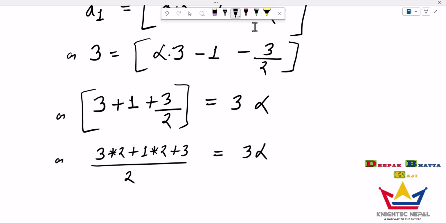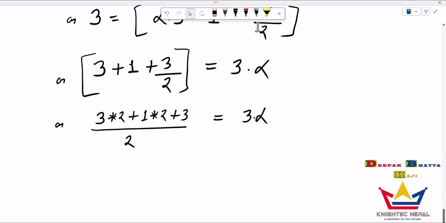So 3 dot alpha. So now 6 plus 2 plus 3 divided by 2 equals 3 alpha.